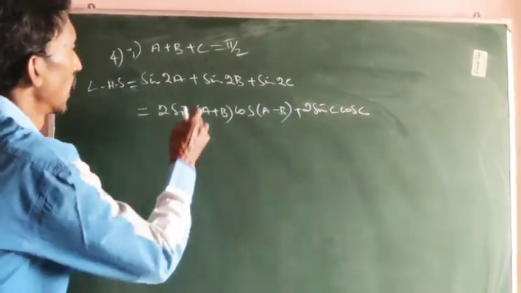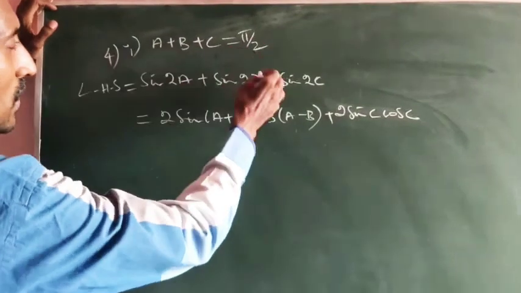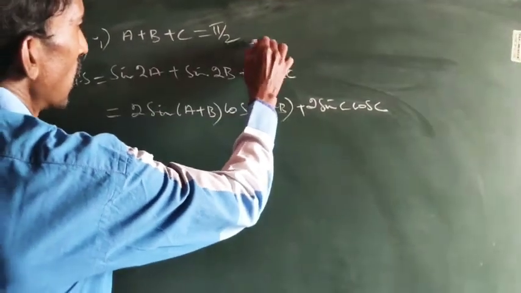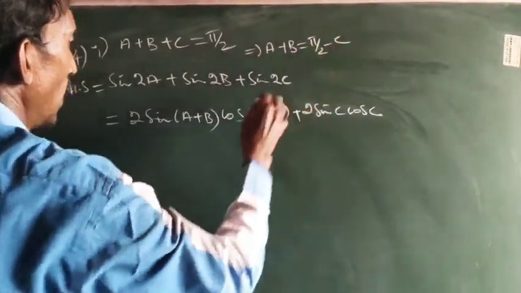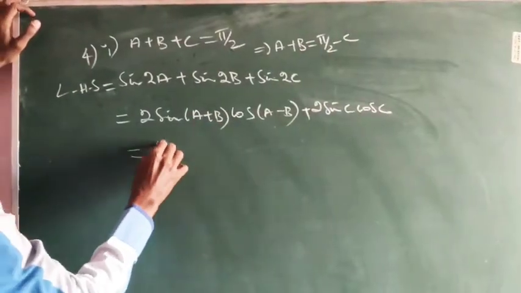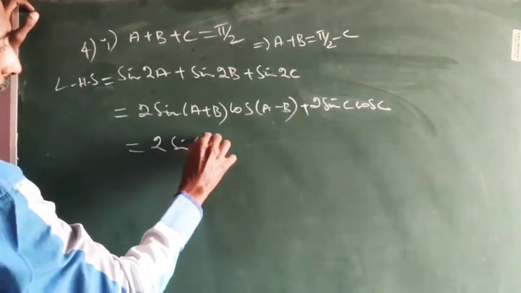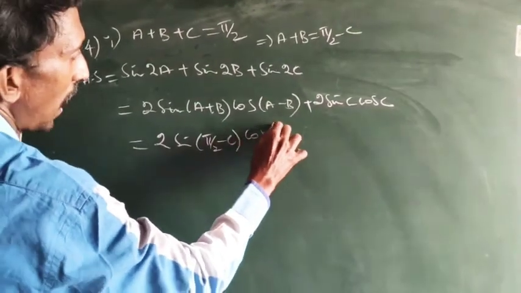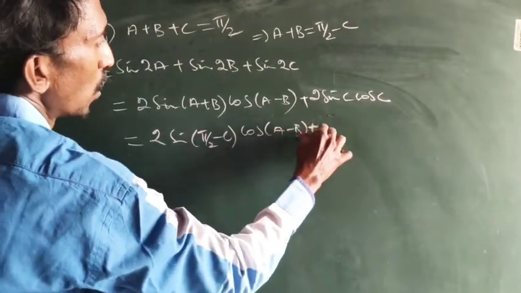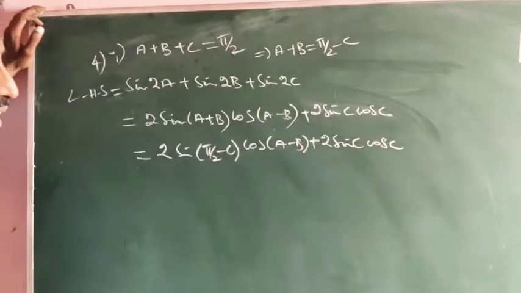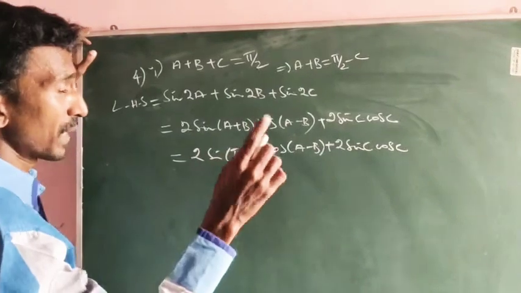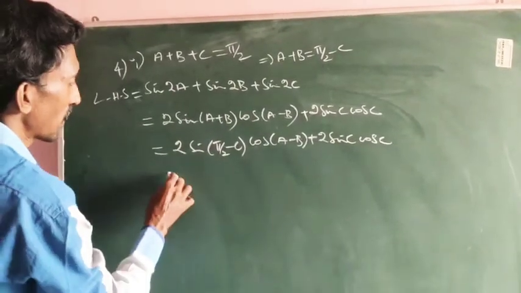Now look here. A plus B plus C equal to 90 degree, which implies A plus B equal to 90 minus C. So instead of A plus B, we can put 90 minus C, because in the right hand side everything is in terms of cos A, cos B, cos C. So we have to convert in terms of cos.